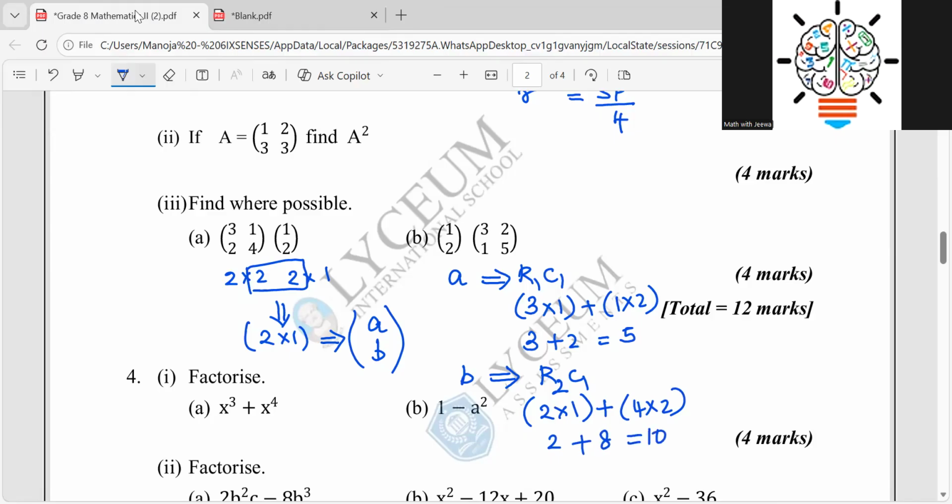The answer is 10. Therefore, you can write the answer here, 5 and 10. I want to double check: 3 times 1, 1 times 2; 2 times 1, 4 times 2. 3 plus 2 is 5. 2 plus 8 is 10. Correct. Very good.